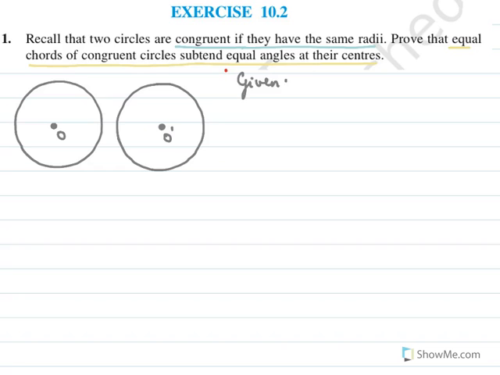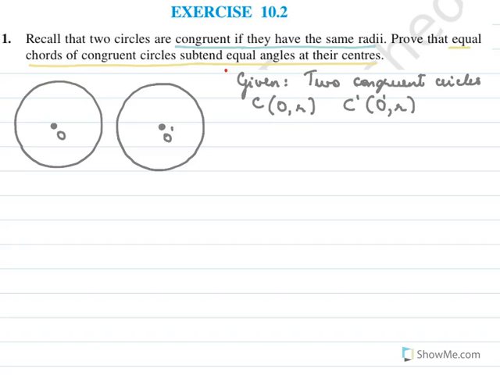So we'll say given two circles, say circle C with center O, radius R, and we have another circle C dash with center O dash and radius R, because they are congruent circles. Hence the radii are the same.